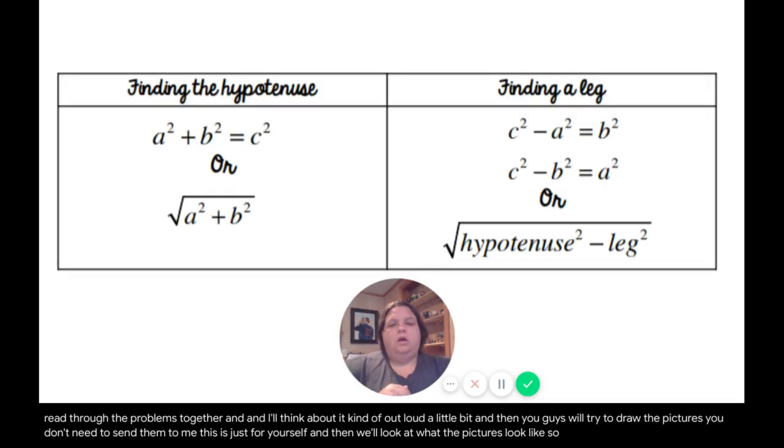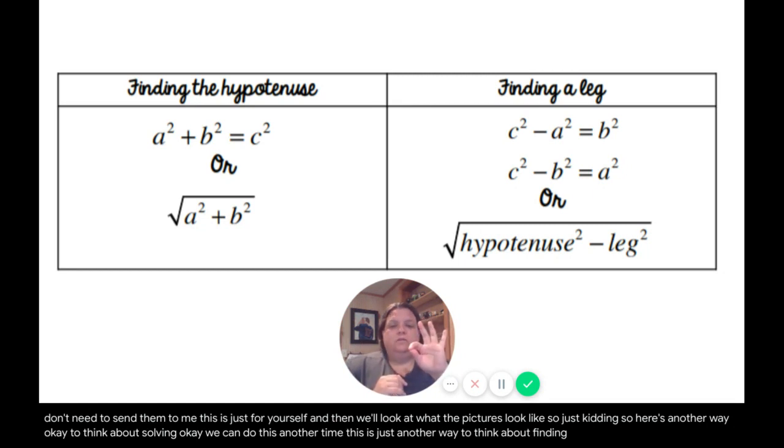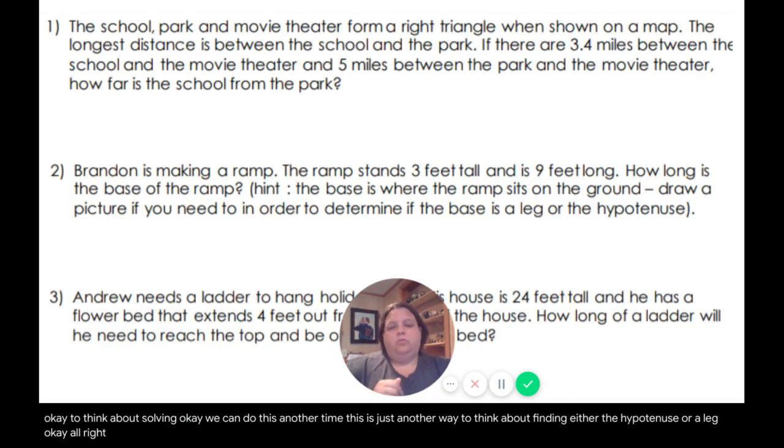Here's another way to think about finding either the hypotenuse or a leg. All right, here are the problems.